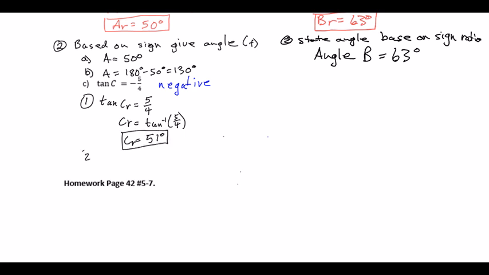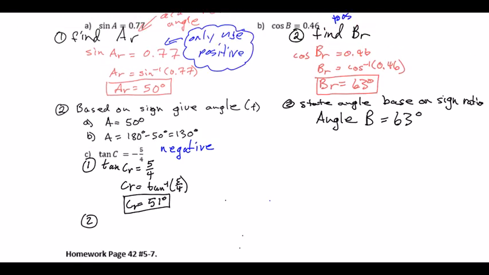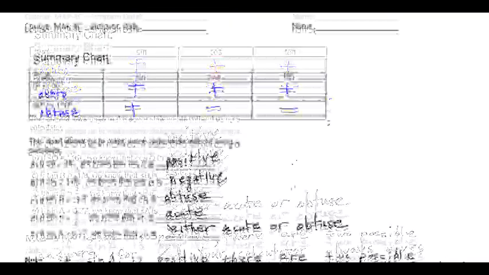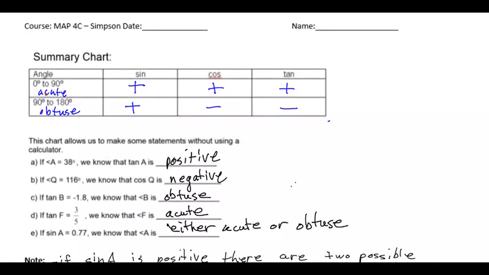Now step 2. We've got our reference angle, and now we have to look at the sign. Like we said here, we notice that it's negative, and tan is only negative when we have an obtuse angle.